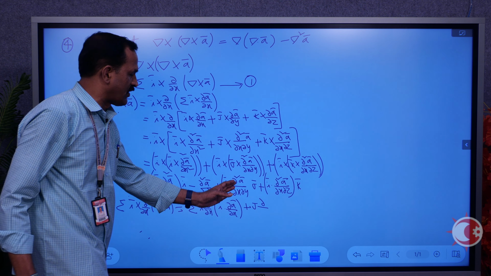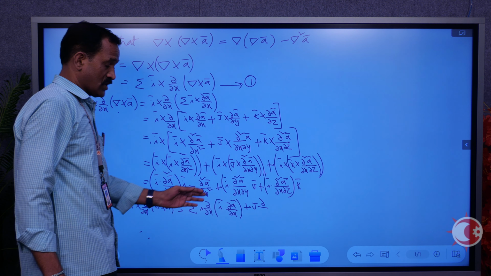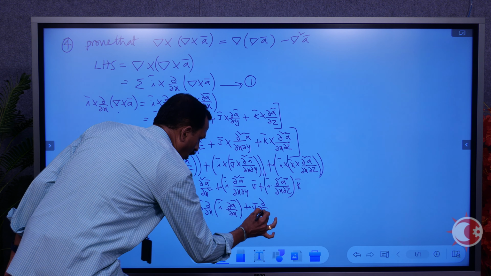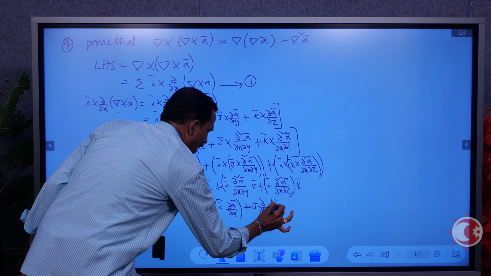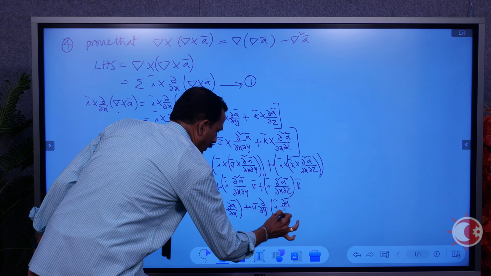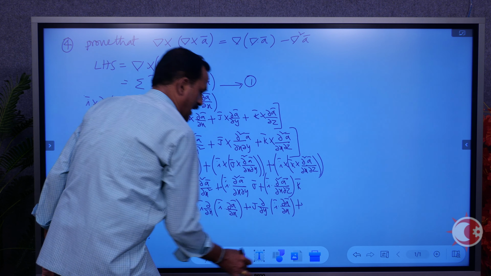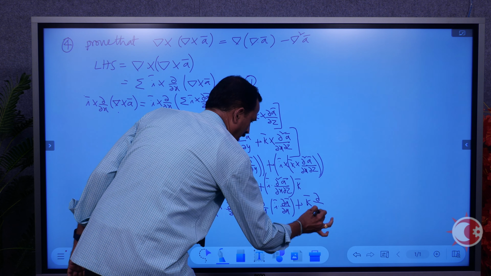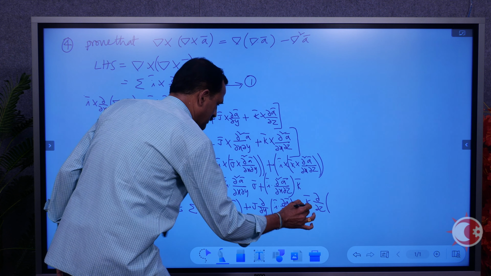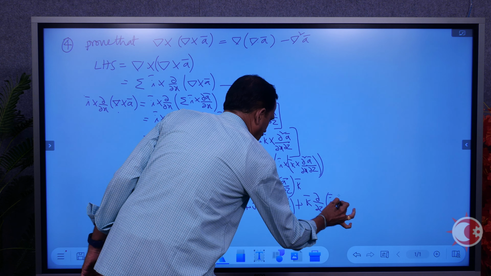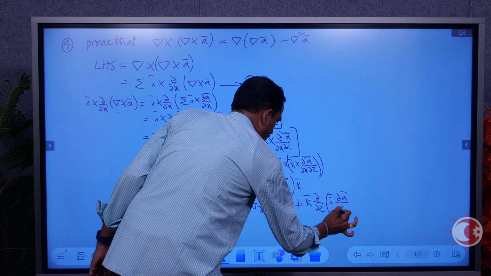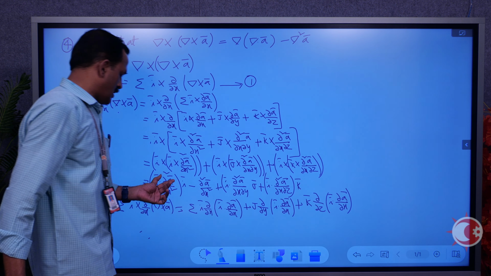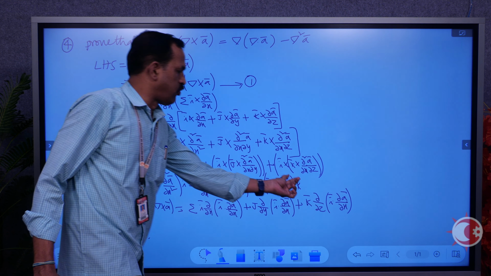Here we have ∂²/∂x∂y. Write ∂/∂y outside, and inside i bar dot ∂a bar/∂x. Plus, coming to the last term, k bar, ∂/∂z outside, remaining i bar dot ∂a bar/∂x. First term, third term, fourth term.